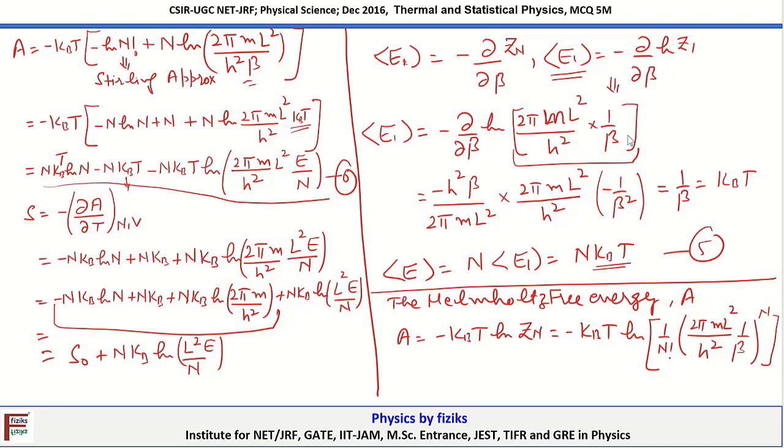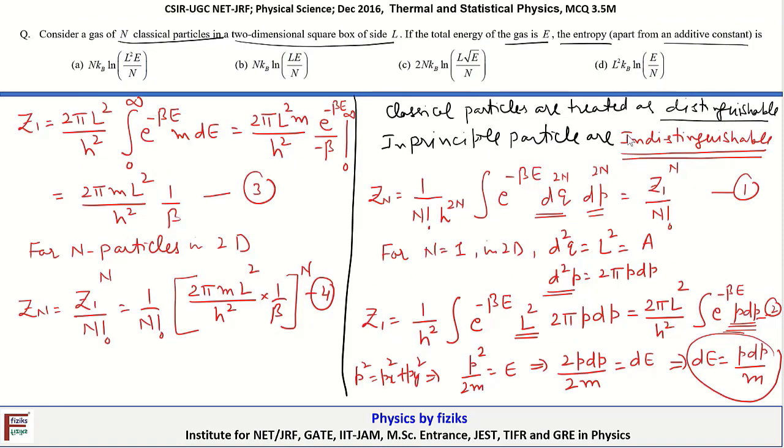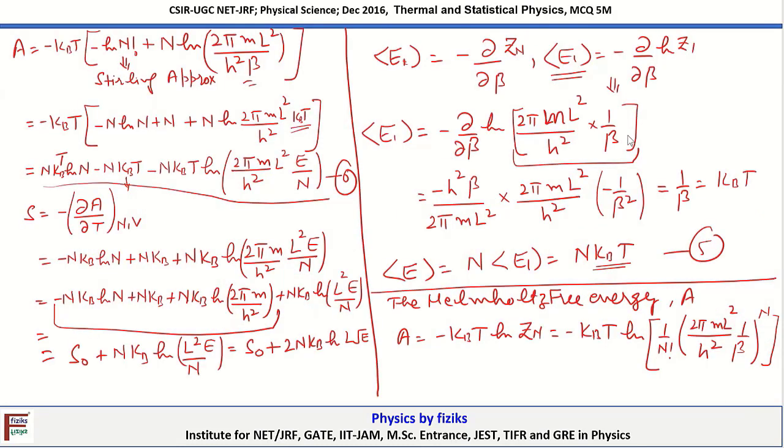Or this is equal to S0 plus 2n kB ln L under root E upon n. Let me check if I'm not making any mistake. Yes, L under root E upon n.